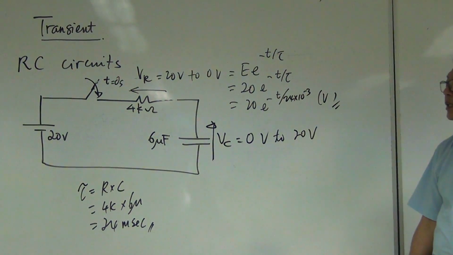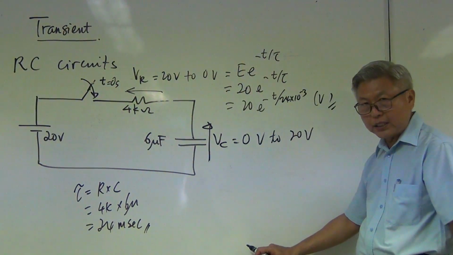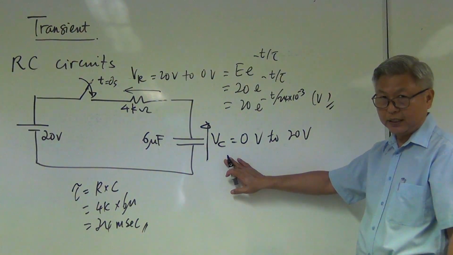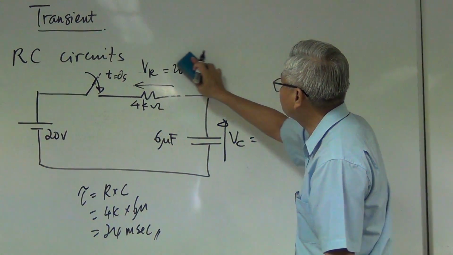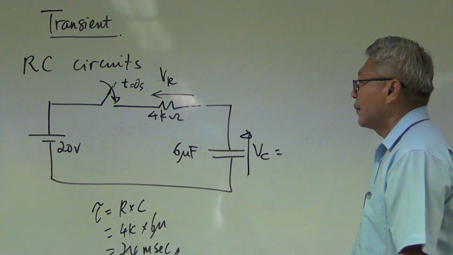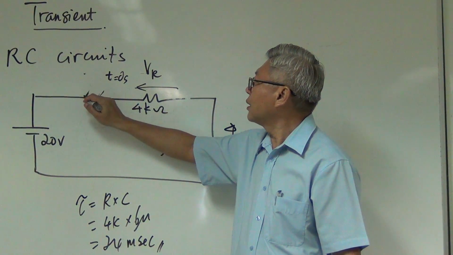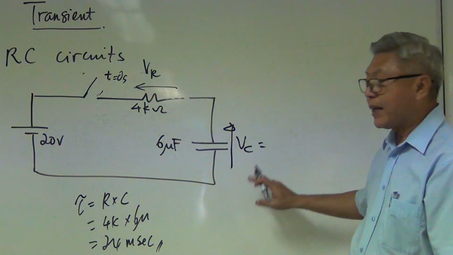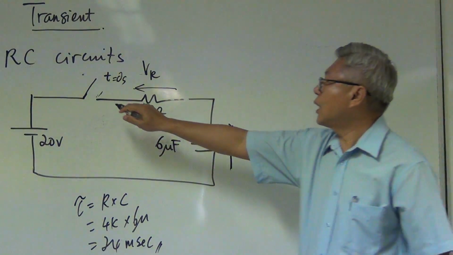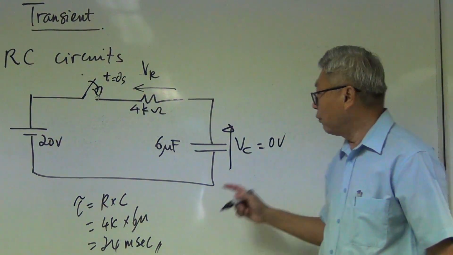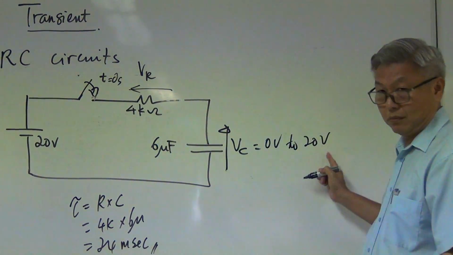Okay? Right. So what I've gone through with you is the story about the voltage across the resistor and the voltage across the capacitor. Let us revise it very quickly. Before my switch was closed, it was open, alright? And my capacitor is initially uncharged, so the voltage is 0 volt. When I close my switch, the capacitor is being charged, it will go from 0 to 20 volt, right?